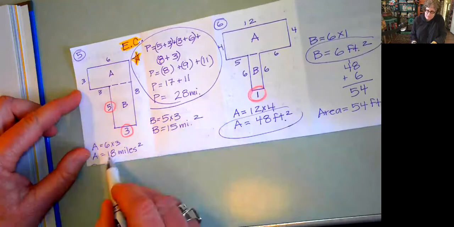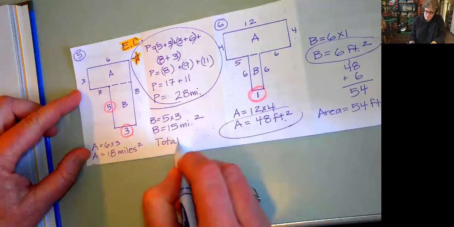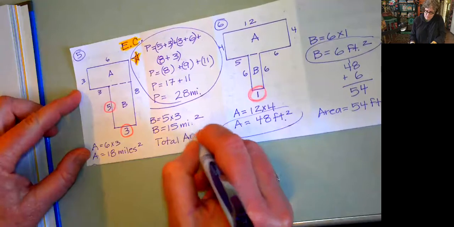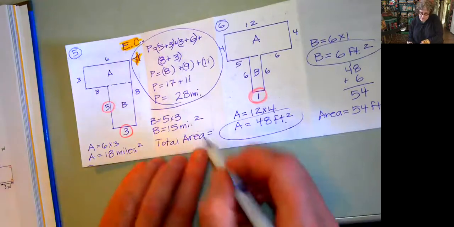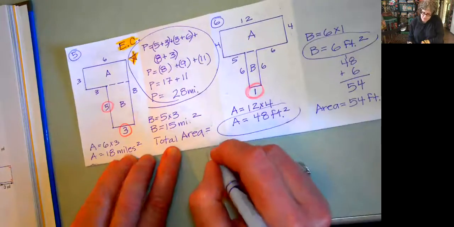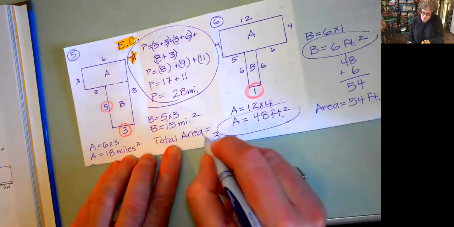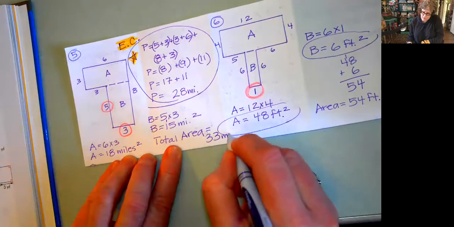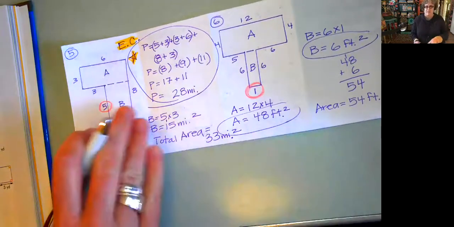So if we add 15 plus 18, then the total area is going to be, let's see, 5 plus 8 is 13, regroup, and that's going to be 33 miles squared. All right. So we fixed that before we got in trouble.